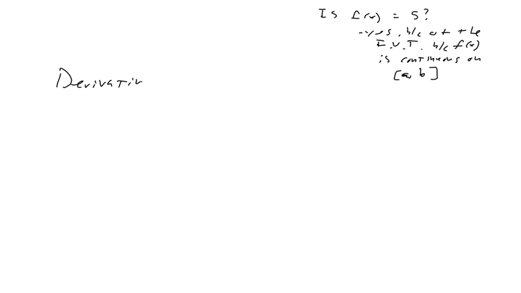Derivatives. What do derivatives allow us to do? First of all, when I say derivative, you say slope, right? A derivative is the slope of the tangent line. So what are some things you need to be aware of? First of all, you need to be aware of the derivative rules.